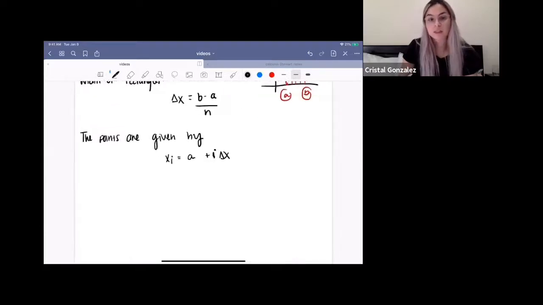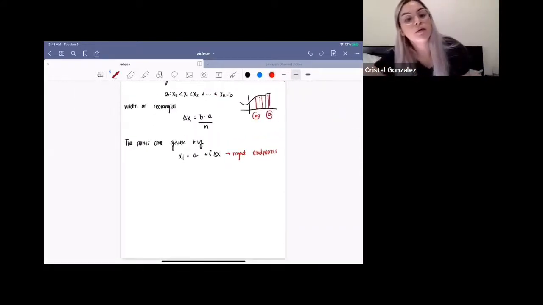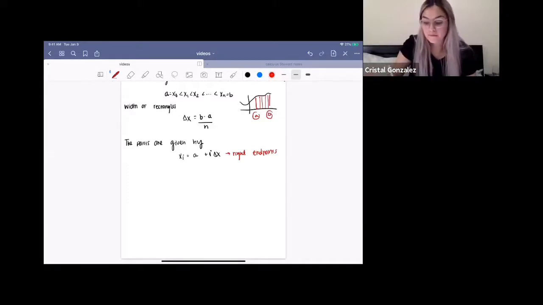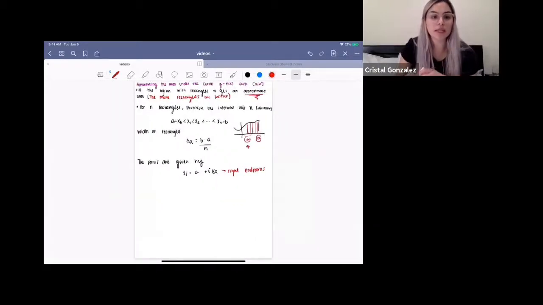This one specifically is for our right endpoints. So we'll start our endpoints off at 1. And then we'll start at our first spot, a, and then we'll add i times that delta x, the ith place here. And I'll show you what that means in a second.